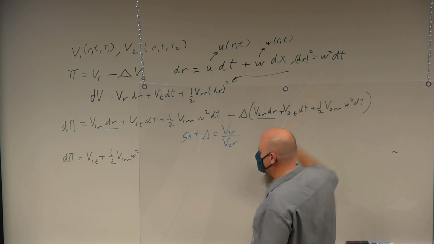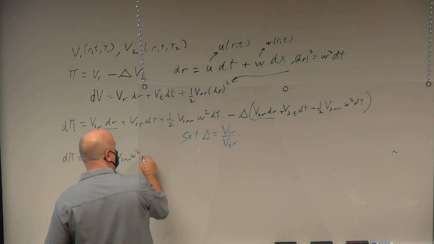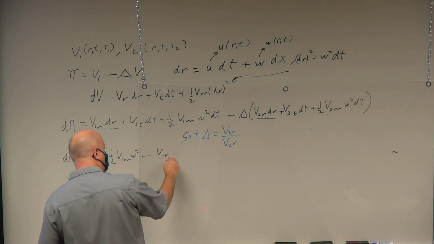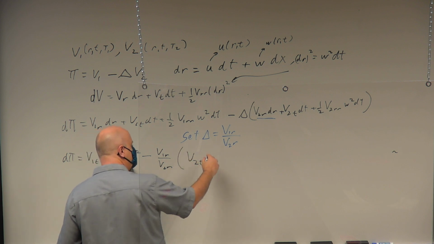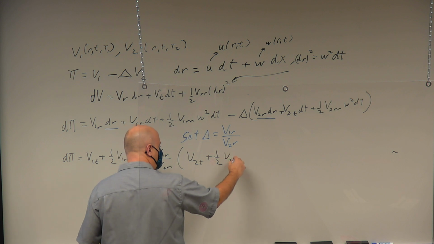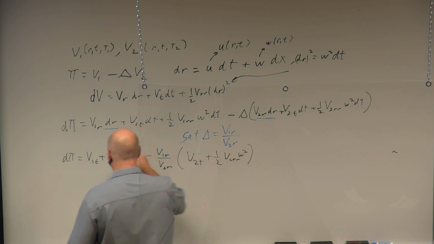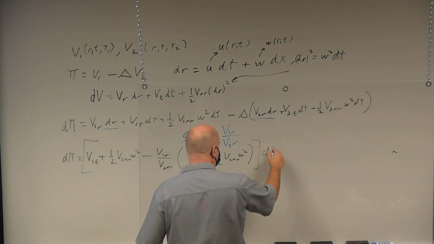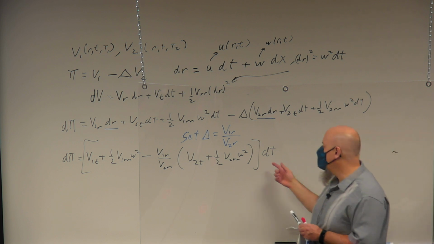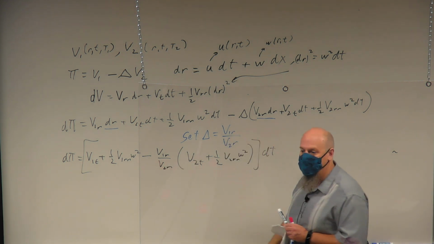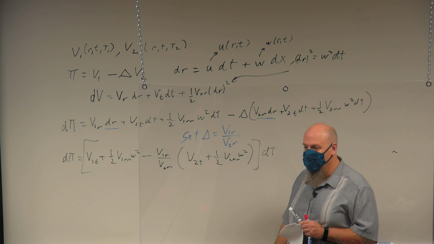It should just be dt. Minus, there's our delta, v2t dt plus 1/2 v2rr w squared. So this whole thing has one dt stuck on it, so I factored it to the outside. So if I hedge, the change in my portfolio is deterministic. So there is no risk.